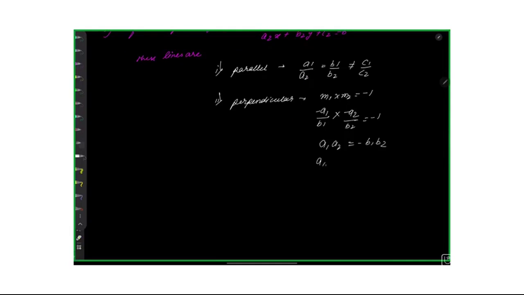We can say a1 a2 plus b1 b2 equals 0 if the lines are perpendicular to each other. What if the lines are coincident? That is exactly the same line. Here everything will be the same: a1 by a2 equals b1 by b2 equals c1 by c2, because coincident line means one over another, so they're exactly the same.